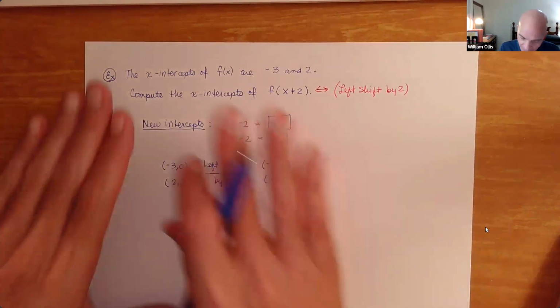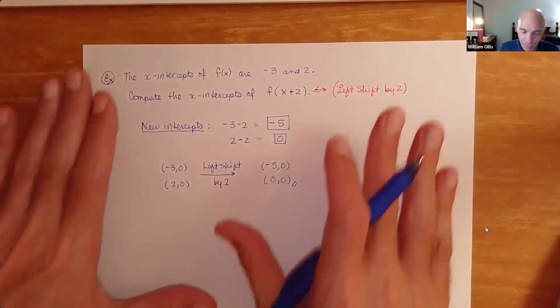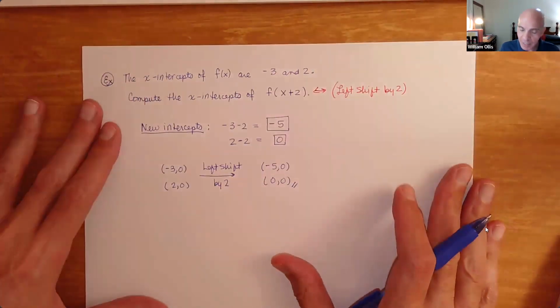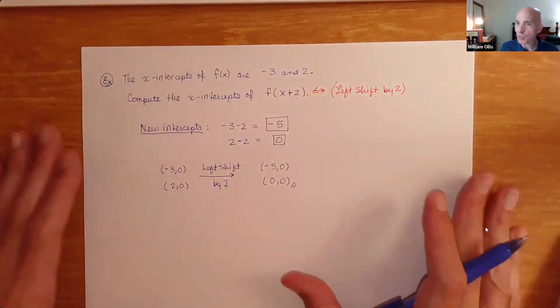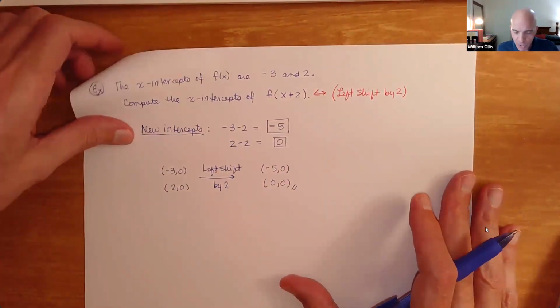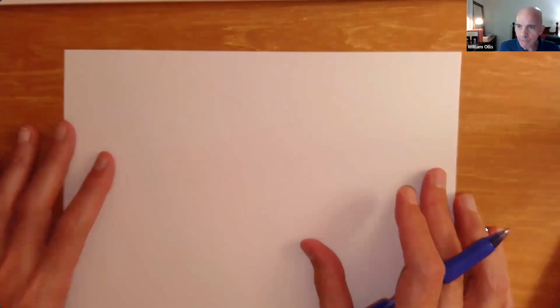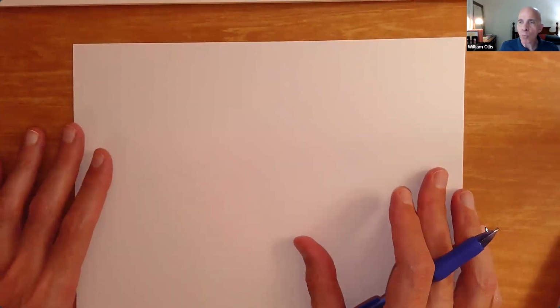So let's just see here that even a problem that's very simple like this is difficult unless we have the use of the transformations. So let's try some more. Let's just start with a function, ladies and gentlemen, where we're asked to graph it, but we want to unravel it to make it into a simple function.